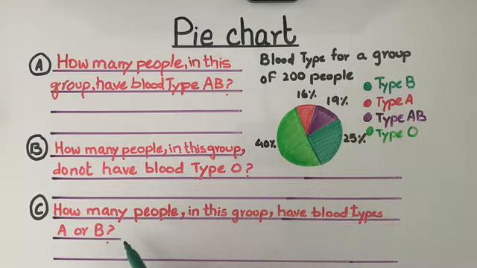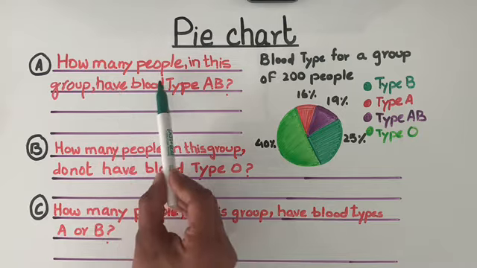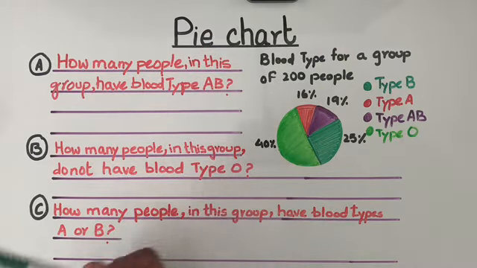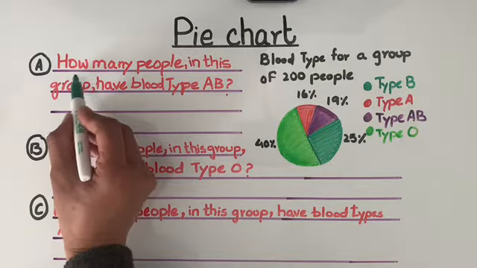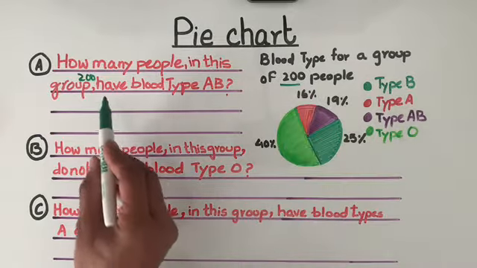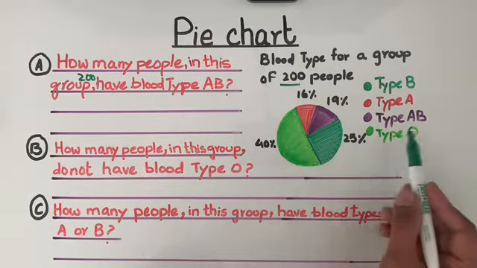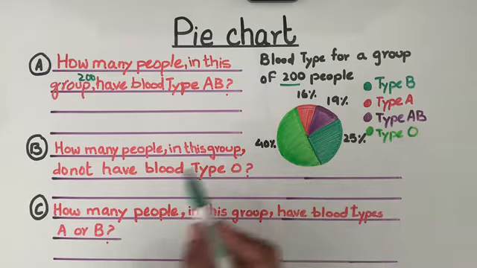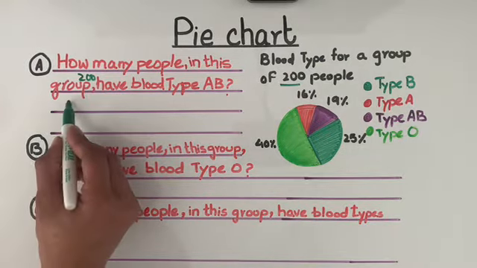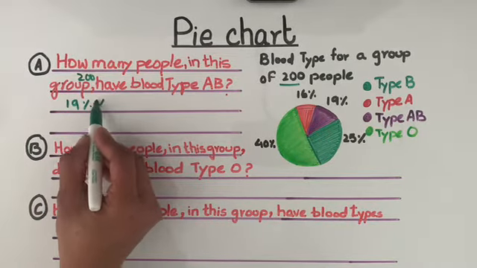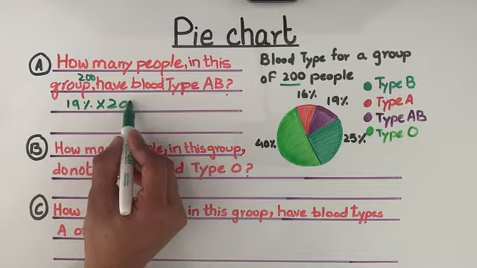Let's solve these three questions one by one. Question A, how many people in this group have blood type AB? Here in this group means the group of 200 people have blood type AB. Blood type AB is this color, so 19% times 200.